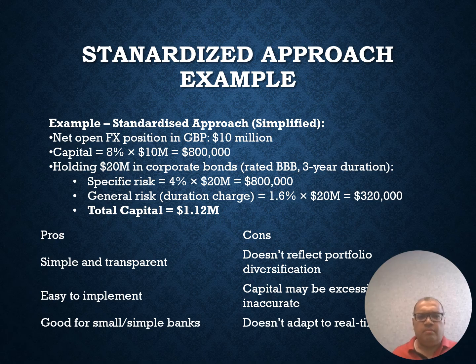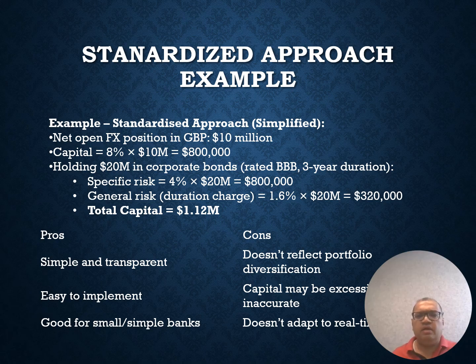And as we saw in the last slide, the equity position was always calculated as 8% of the net open position. This is equity risk, net position into the 8. But if you have a $20 million corporate bond rated with 3-year duration, how would you calculate this? The specific risk is 4% into 20, which is $0.8 million, and then the general risk is 1.6 into the 20 million, which is 320.